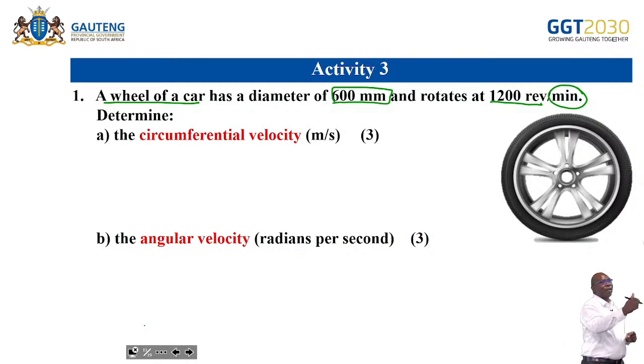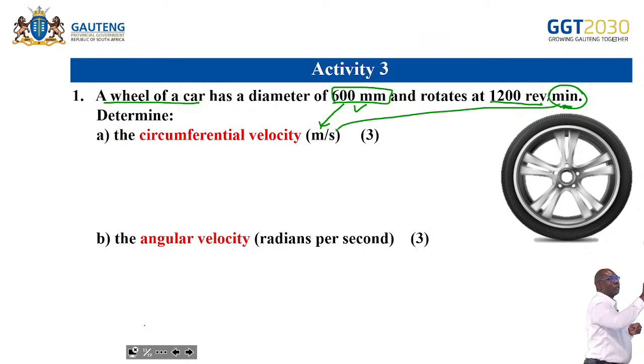You see, that part is given in millimeters, and this part is given in minutes. So I need to change millimeters to meters, and I need to change minutes to seconds. Then I'll have got my answer correctly.